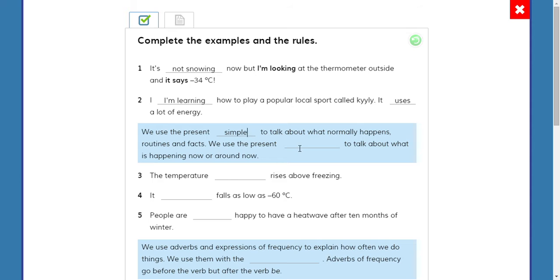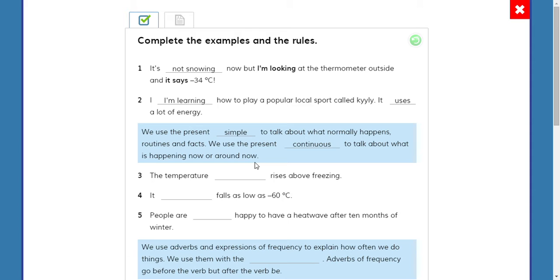And we use the present continuous to talk about what's happening now and around. So the present continuous is about something that is in progress. And the present simple is for routines and facts, maybe what normally happens.